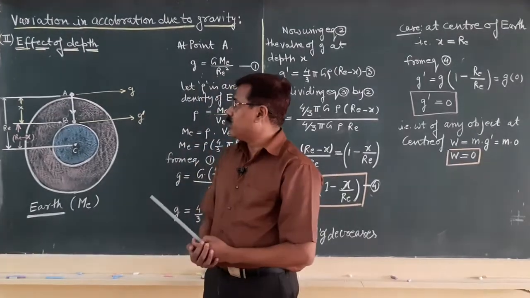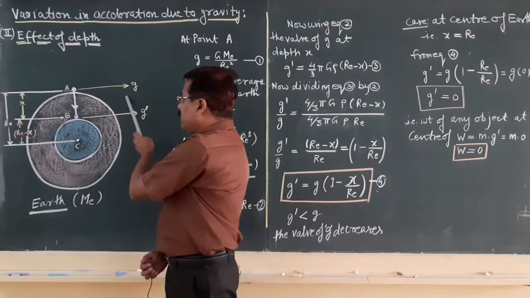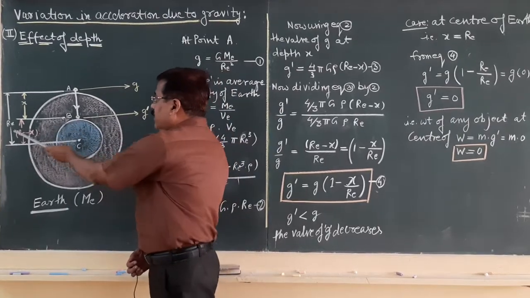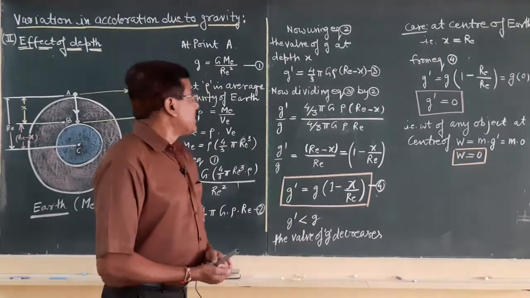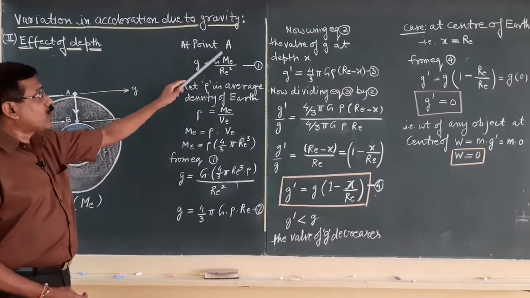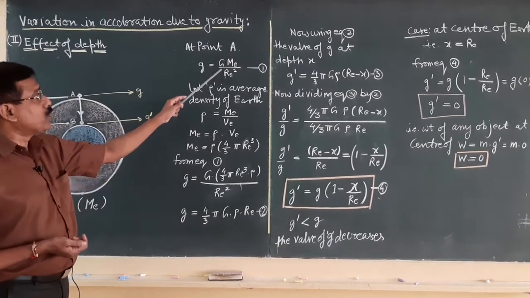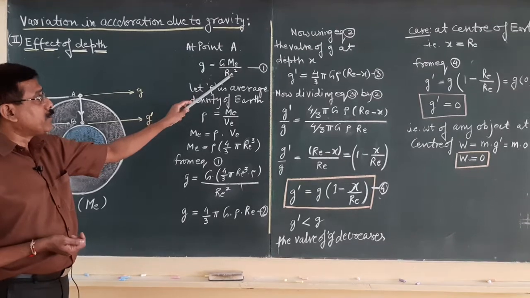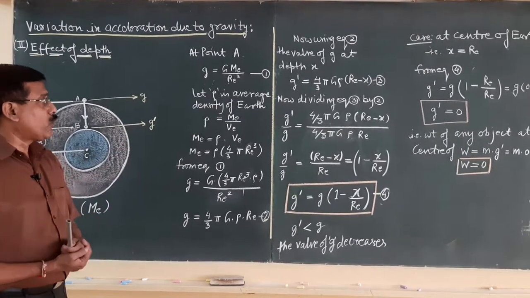So, we are going to find a relation for g dash in terms of g, depth and radius of the earth. We already know that the acceleration due to gravity at point A, that is on the earth's surface, is given by the formula small g is equal to capital G Me by Re square. Let this be equation number 1.